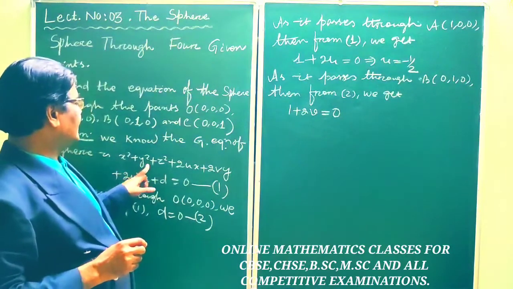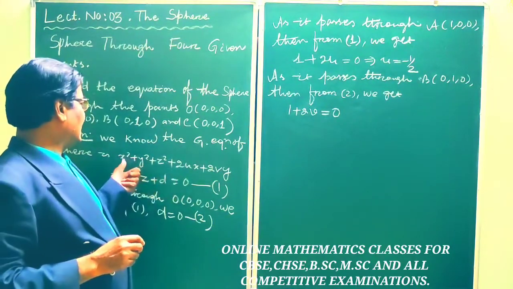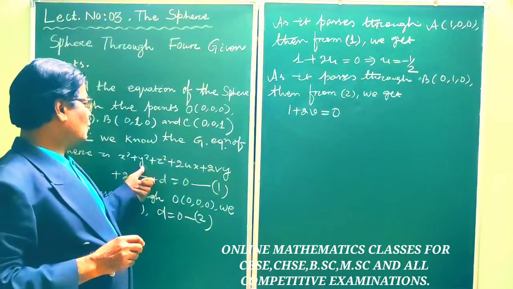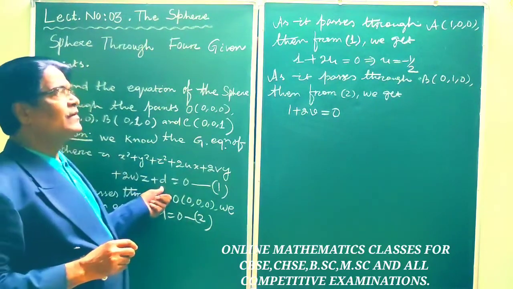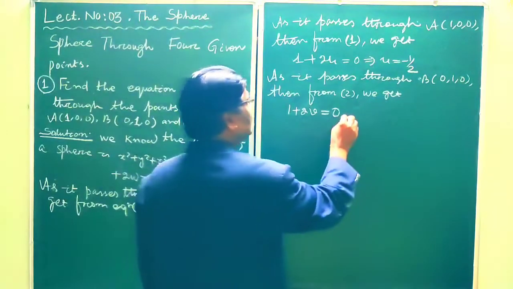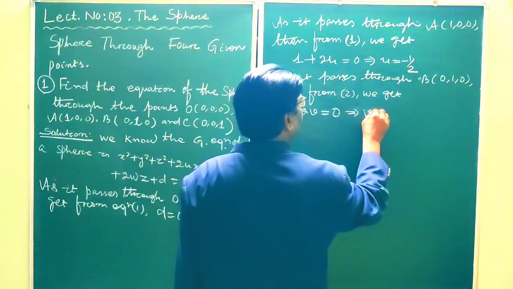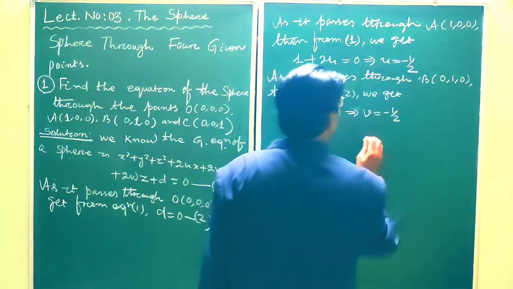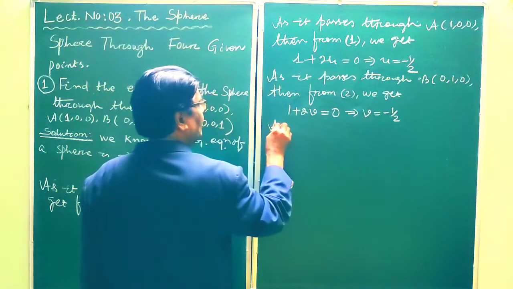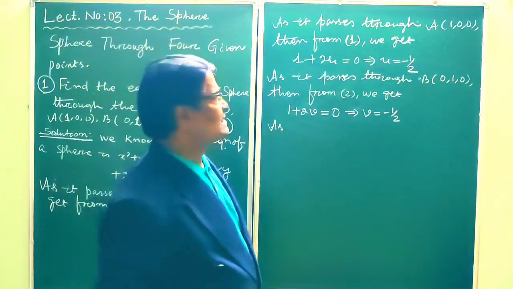Because here y is equal to 1 and x, z is 0. So 1 plus 2v, d is equal to 0, so 1 plus 2v is equal to 0. This implies v is equal to minus half.